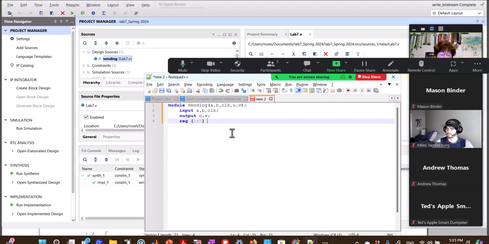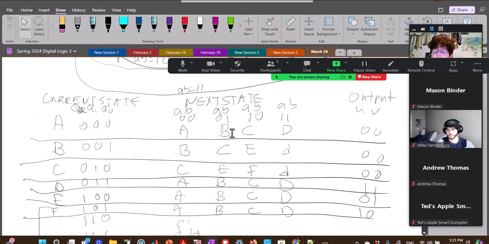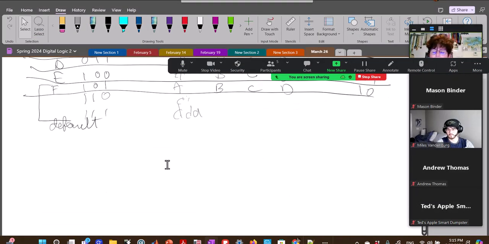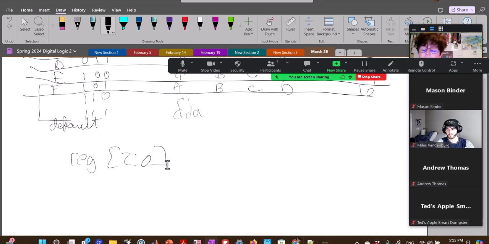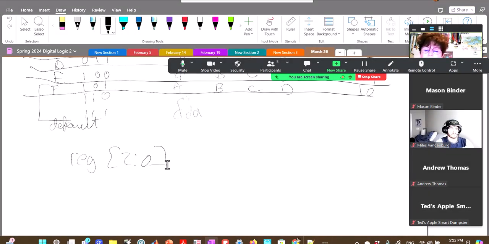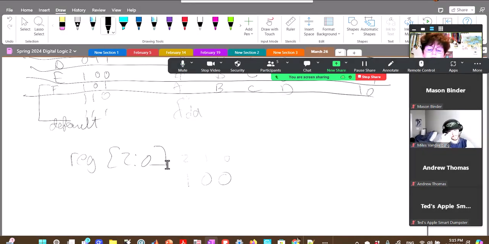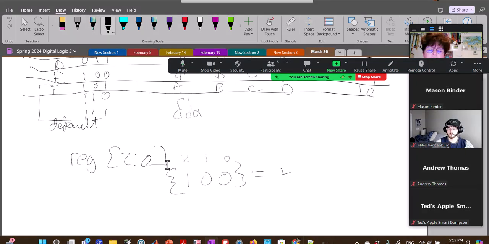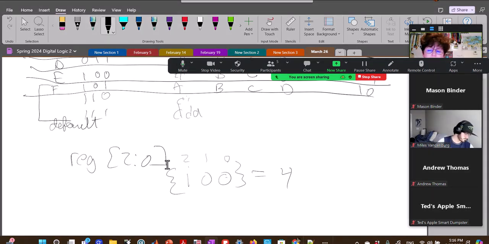So when I do reg, the reason I do my 3-bit as reg 2:0 is that if I have the number 100, this is the 0th bit, this is the first bit, this is the second bit, and if I wanted to treat this as a number, the value it would have would be 4, because when I read this, this is the 0th, least significant, and this is the most significant.